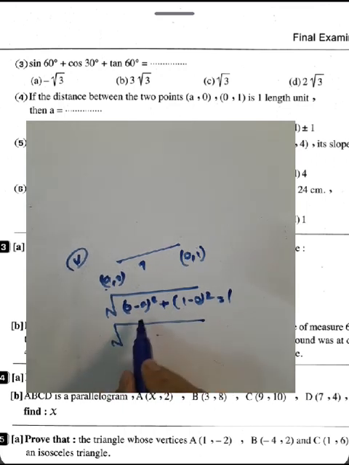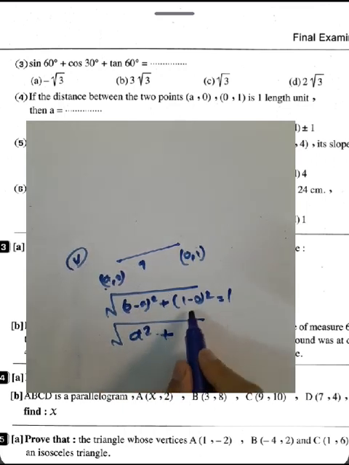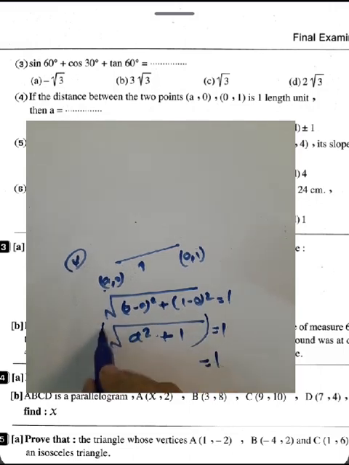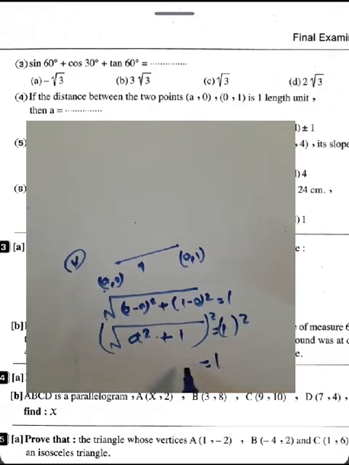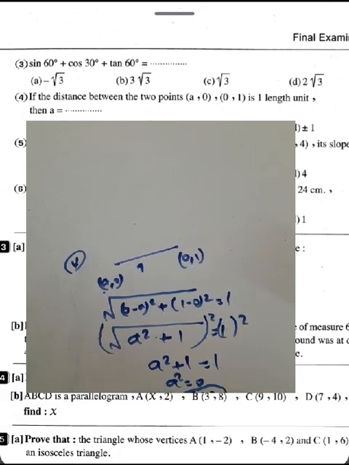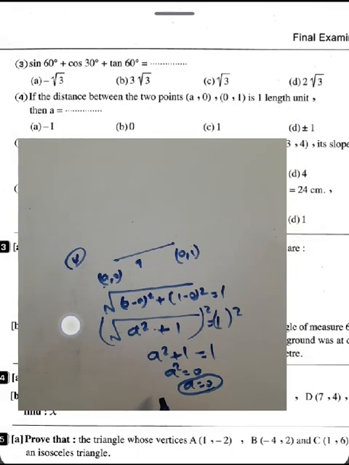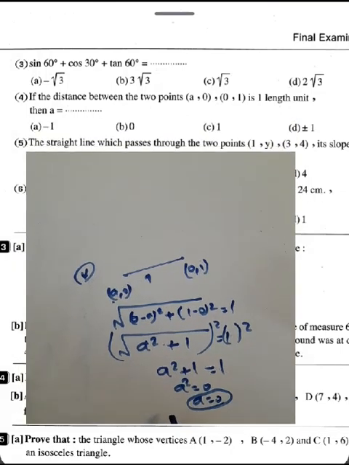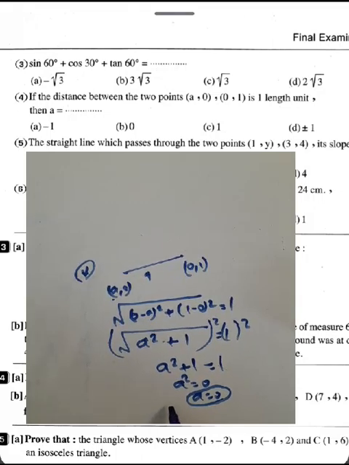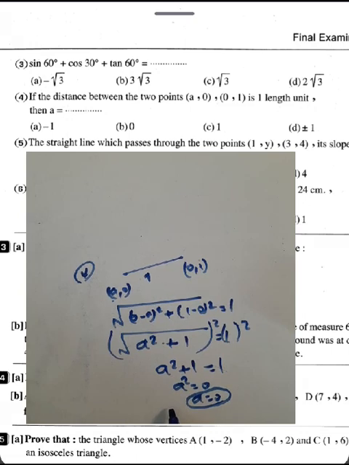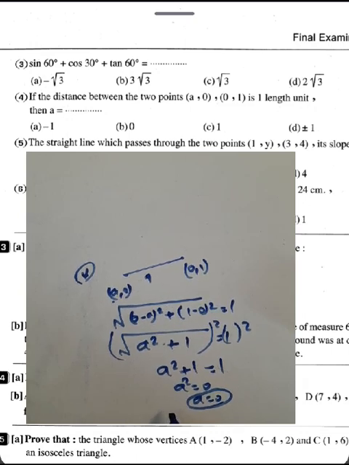Then square root of A power 2 plus 1 equals 1. You can put power 2 on the left-hand side and right-hand side to cancel the square root. Then A power 2 plus 1 equals 1, then A power 2 equals 0. Then the value of A equals 0. Okay, choose letter B.